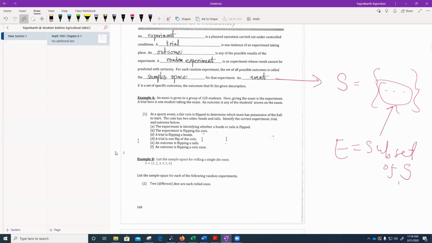What do you think? Is it B? Very good. It is B. Whatever you are going to perform, which is your experiment. Yes, you are going to flip a coin. So which is going to be my experiment. So the correct answer is B.